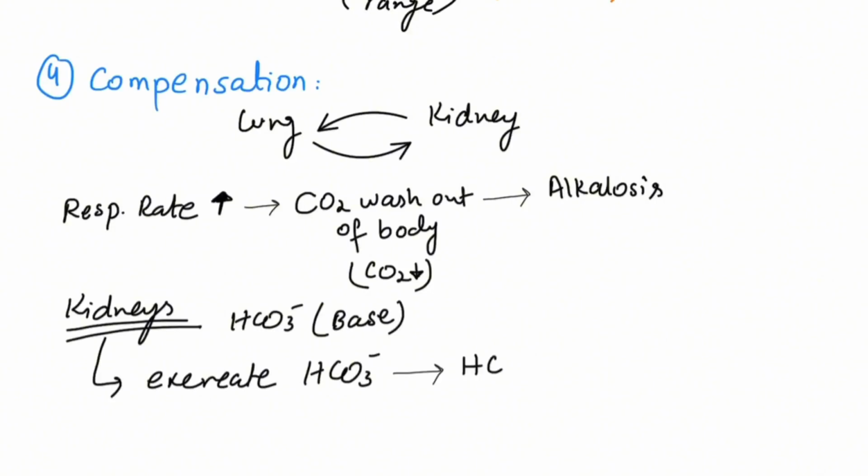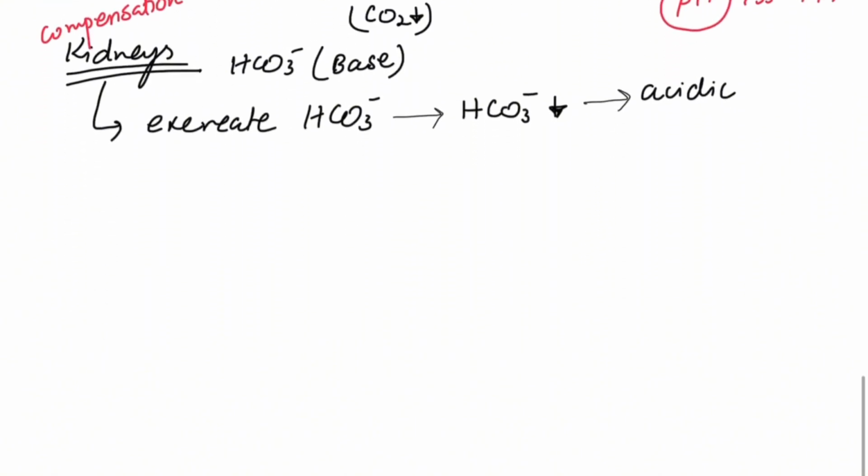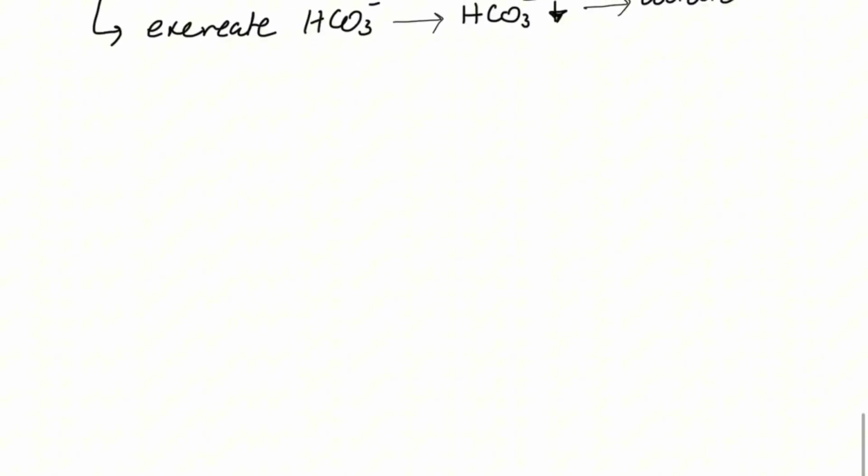In order to compensate for that, the kidneys will basically excrete the bicarbonates, and they will try to lower the pH. So that's how, when one system is off, the other organ will work in order to maintain a normal level of pH in our blood. That will help the enzymes and the proteins to function normally.